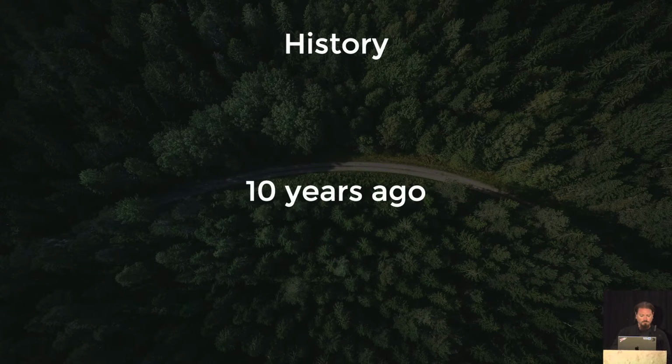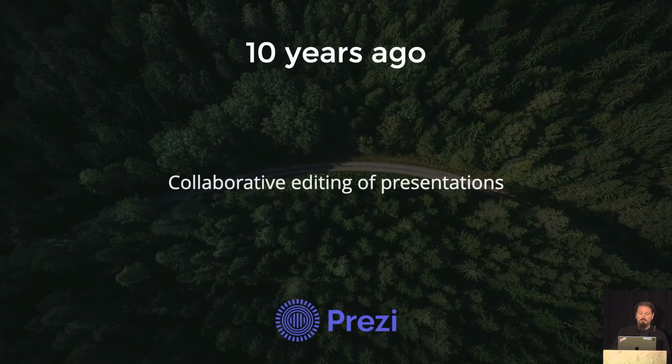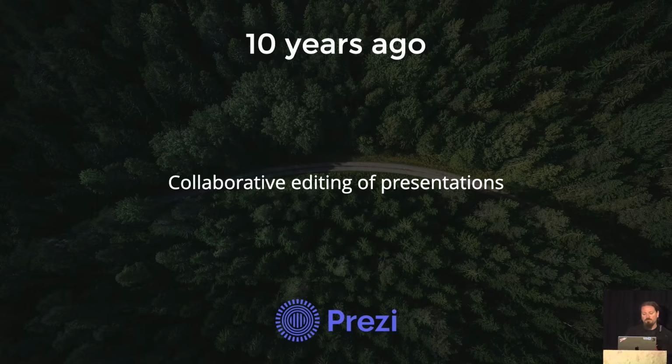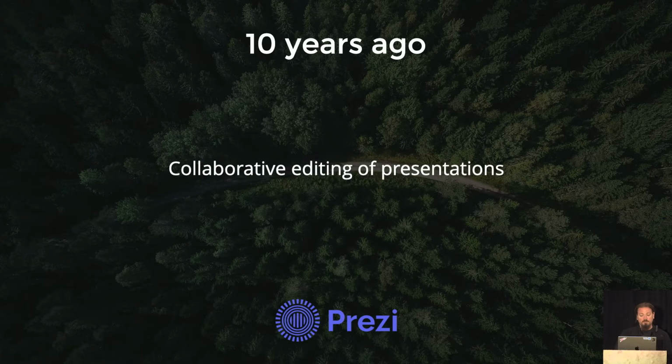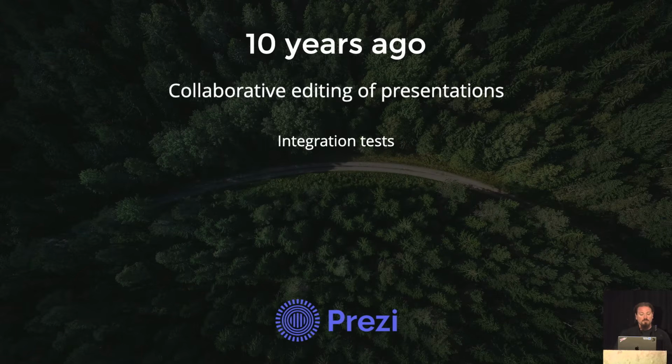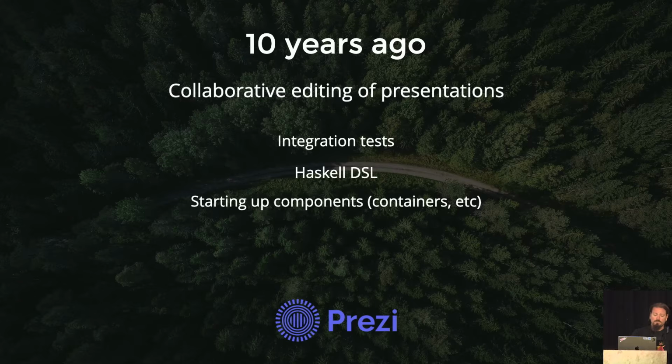And then about 10 years ago, I was working at Prezi, and I was working in the team that was responsible for the collaborative editing feature. And in this team, we also had to test this thing properly, so we created an integration test framework. Initially, it was Haskell, and it was responsible for starting up all kinds of dependencies for this system, various services, containers, and so on.